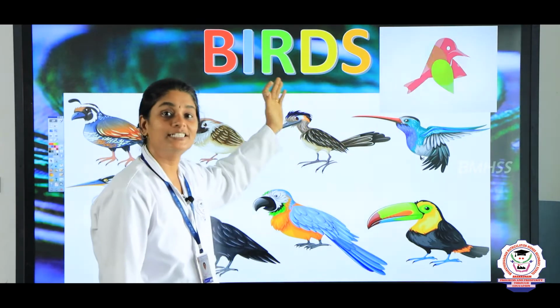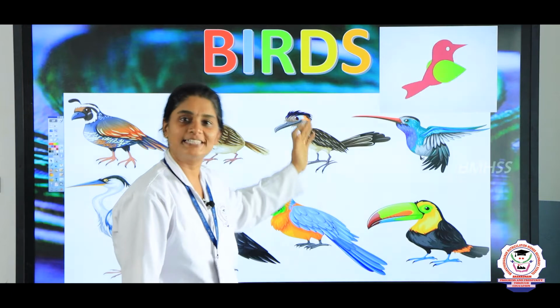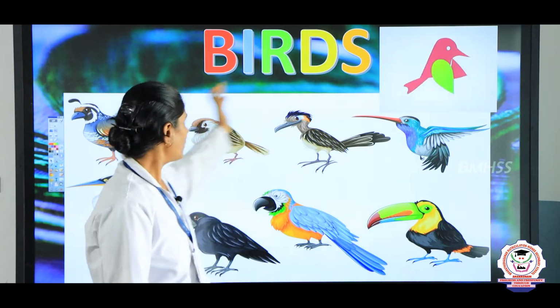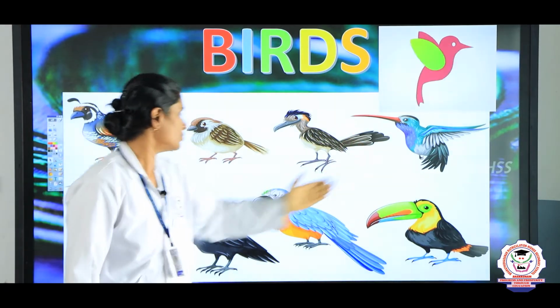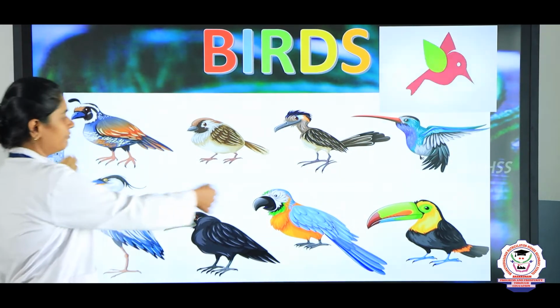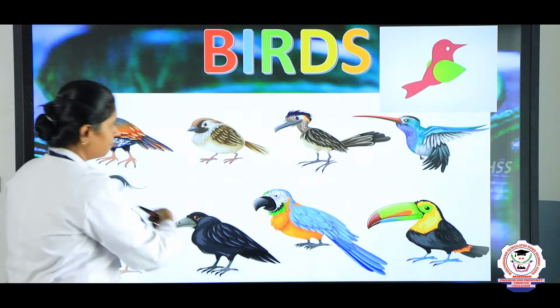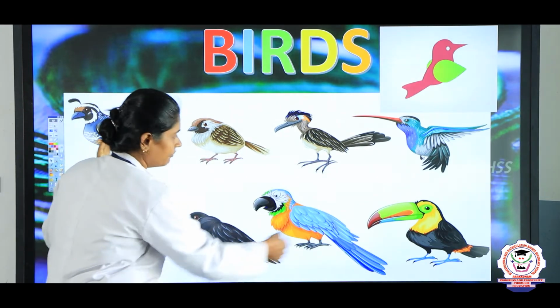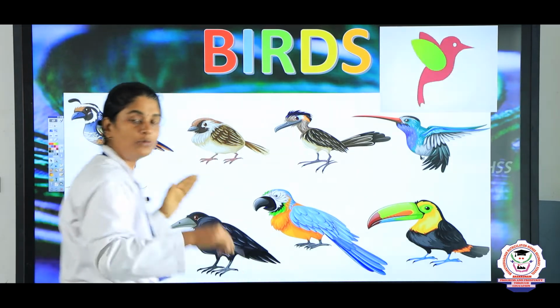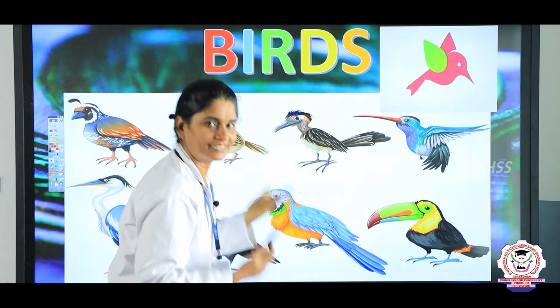Birds is your 8th lesson in your science subject, is it? Today we are going to see there are different kinds of birds. You can see here, there are different types of birds with different colors, right? And with different beaks, different feet, right? About that only today we are going to discuss, okay?